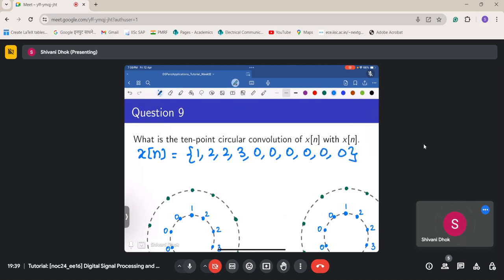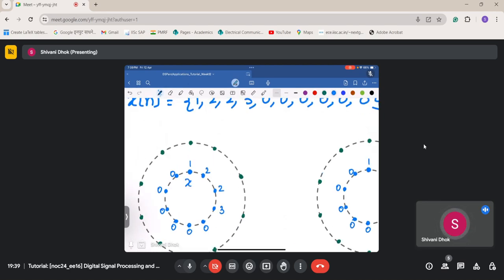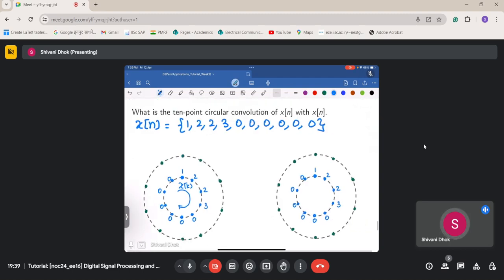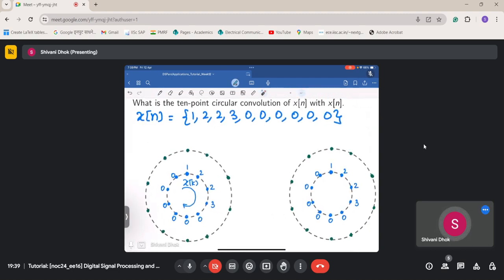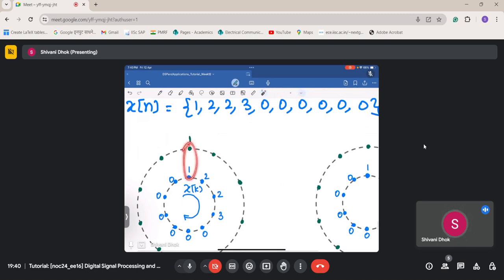Like this. Now again, I'll construct an inner circle. So this inner circle will correspond to x of k, and its increasing direction of k will be like this. Now in order to find circular convolution, the other signal, which is again x of n here, I'll flip it and write it. So if I flip it, the origin will be the same initially. So the 0th elements of the two signals should coincide when you're flipping it for the first time.